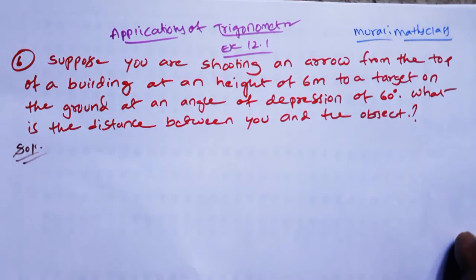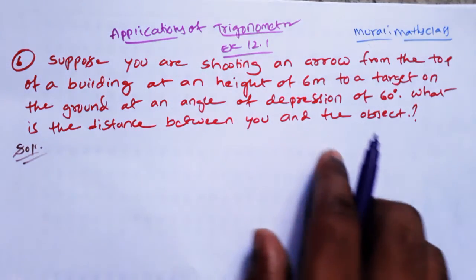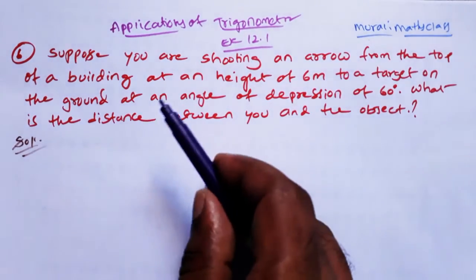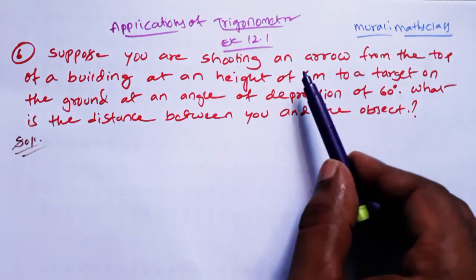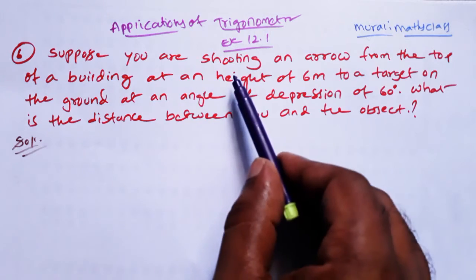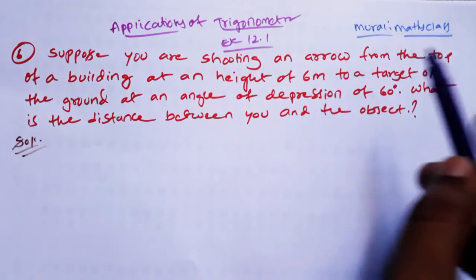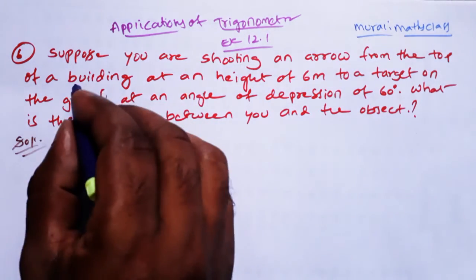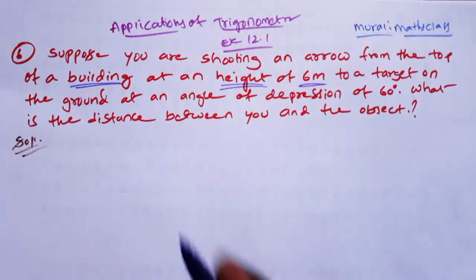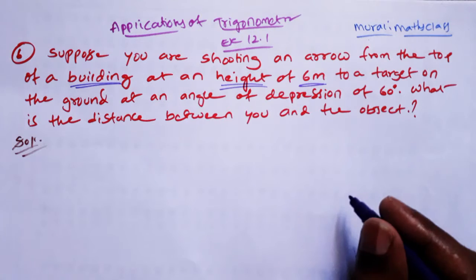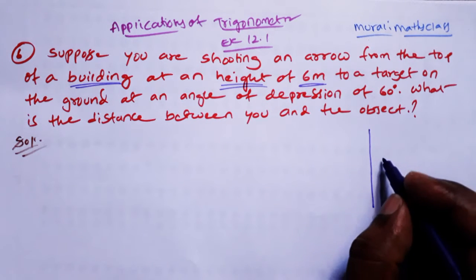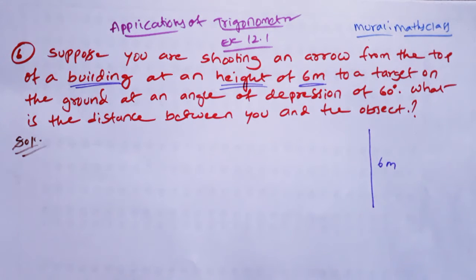So first read the problem. Based on that, draw diagram. Suppose you are shooting an arrow from the top of a building at a height of 6 meters. So building height is 6 meters. That is the meaning. So draw one building like this, 6 meters height.